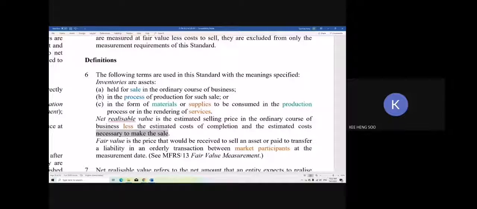That's why in the net realizable value, we are talking about the ordinary course of business. These are called market participants.